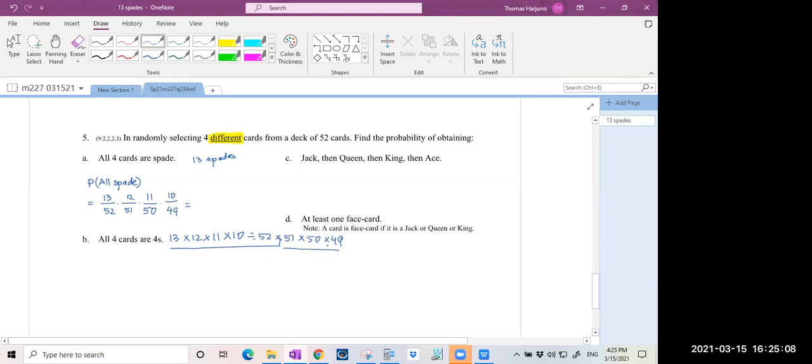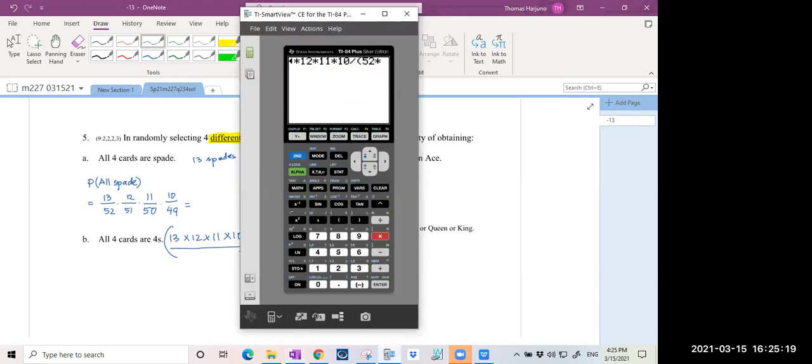That's not what we want. What we want is this group divided by this group. So divide by parentheses 52 times 51 times 50 times 49, like that, and then I press enter.